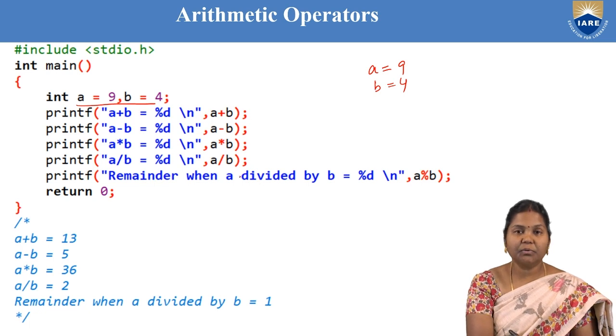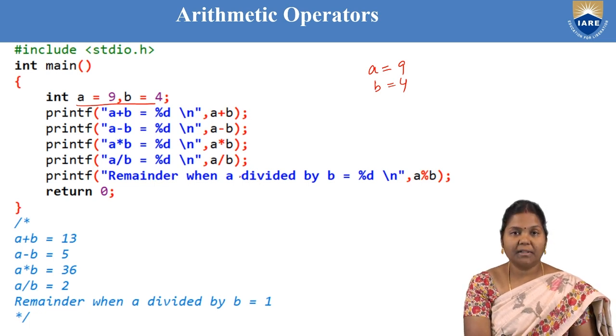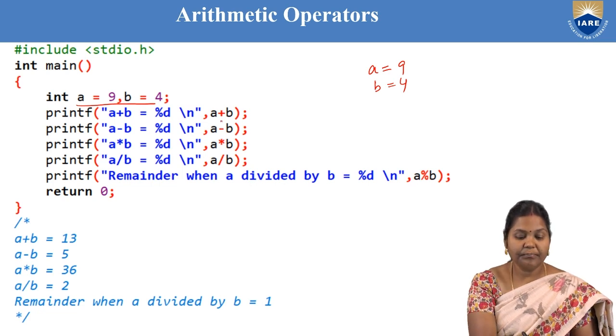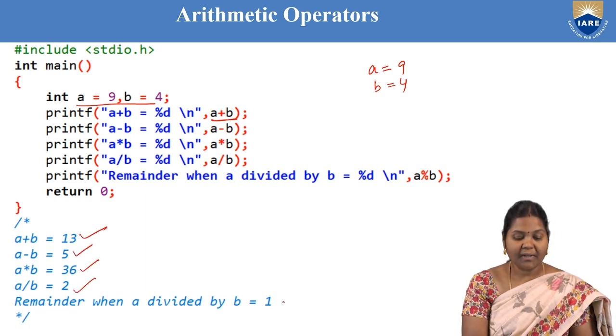Here I am showing the binary operators. The addition A plus B is 9 plus 4, it is 13. A minus B is 5. A into B is 36. A by B is 2. And A modulus B is A divided by B, and the remainder is the output, so it is 1. This way the arithmetic operators are used.